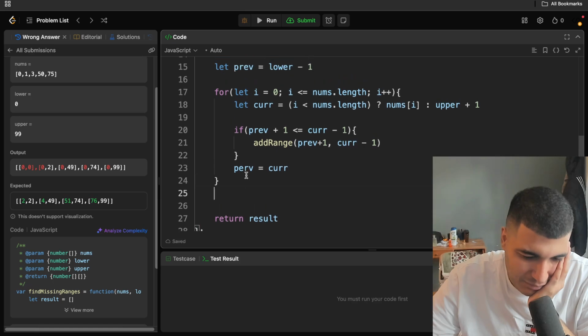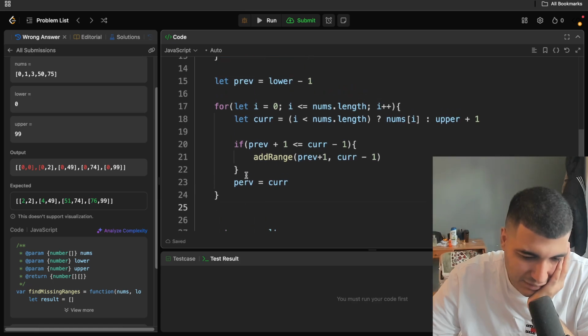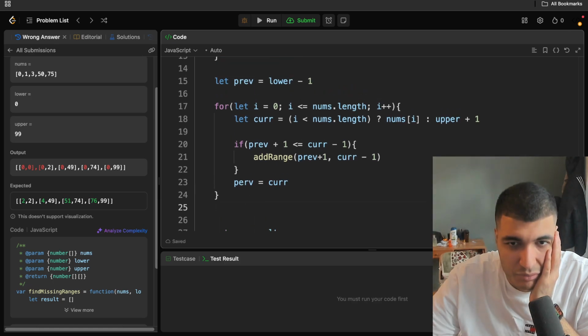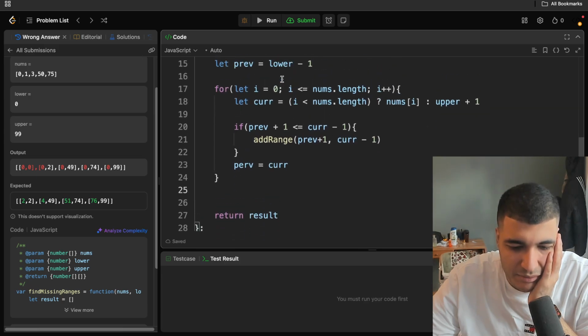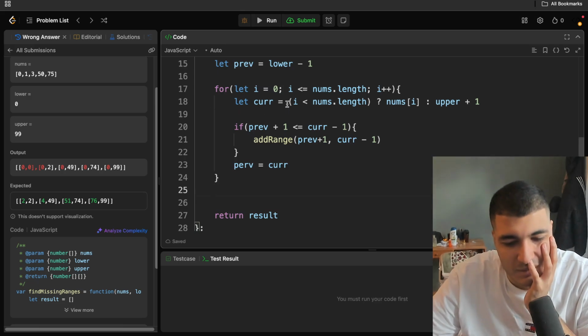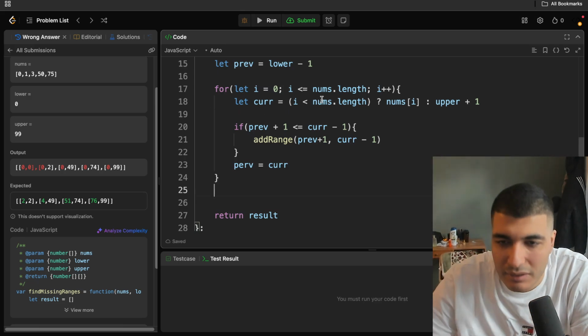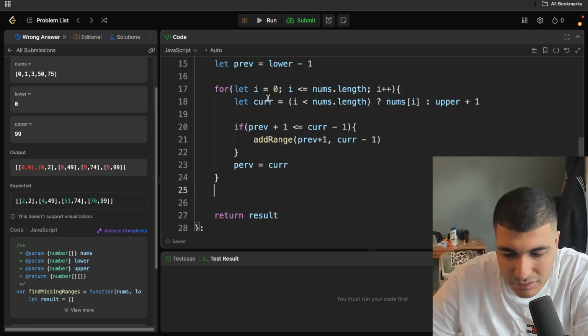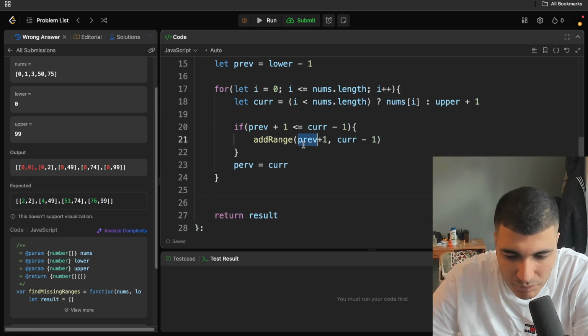I guess previous wasn't changed at all, and I guess there is a problem here. I should be less than or equal to nums.length. I guess the problem is that previous is not changed at all.